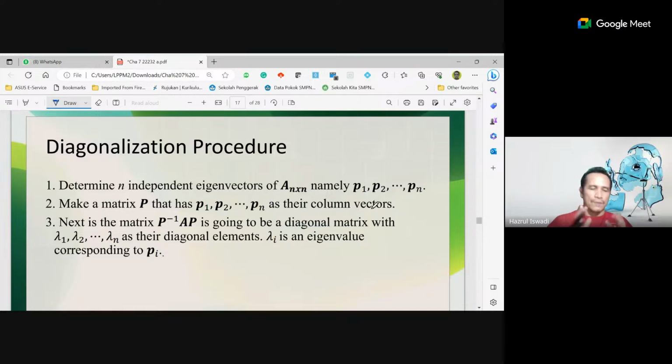So we put the eigenvectors as the columns of P.